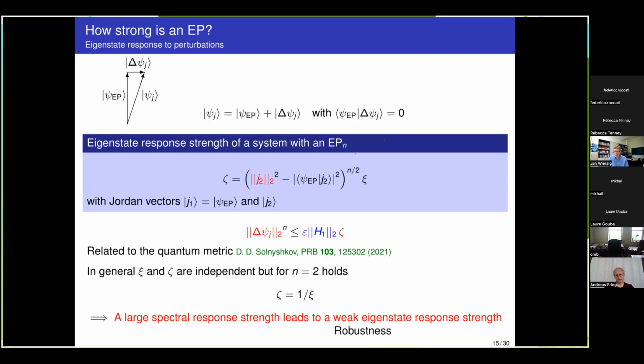That means this is a kind of robustness. The eigenstate of an exceptional point with small zeta is more robust than the eigenstate of an exceptional point with a larger zeta. So it's a kind of robustness of the eigenstates. I think this has not been discussed in the context of exceptional points, but maybe you know something.